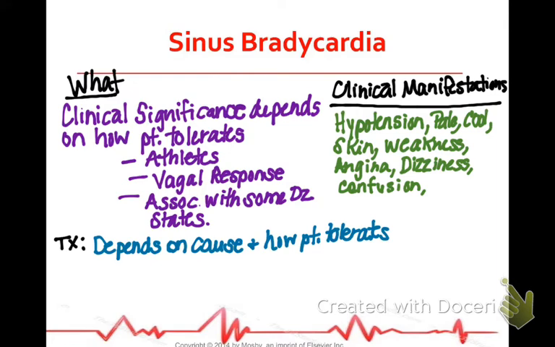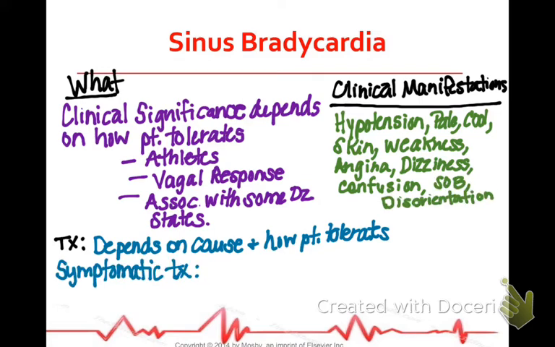And then as far as what you're going to see: hypotension. They may be pale, cool skin, weakness, chest pain, dizziness. They could be disoriented. They could even have shortness of breath. Because you've got to think, if they're not an athlete and their heart rate is 40, they are not perfusing their tissues, right?